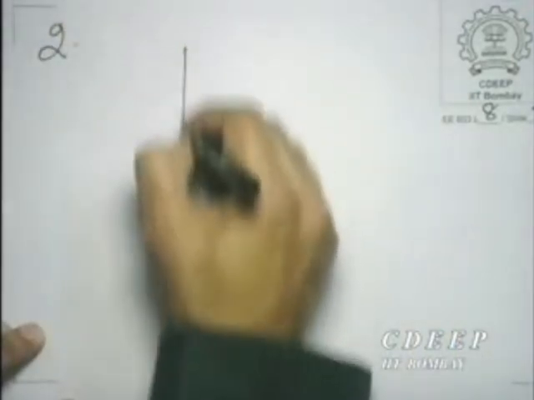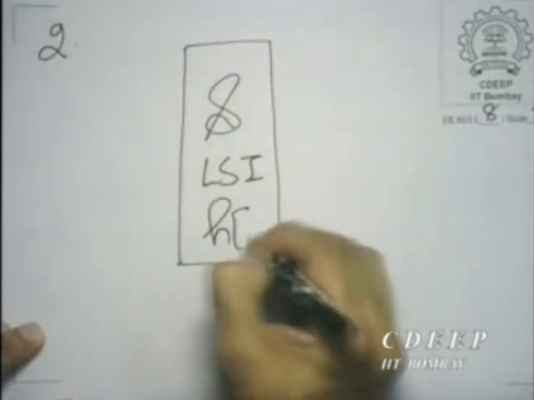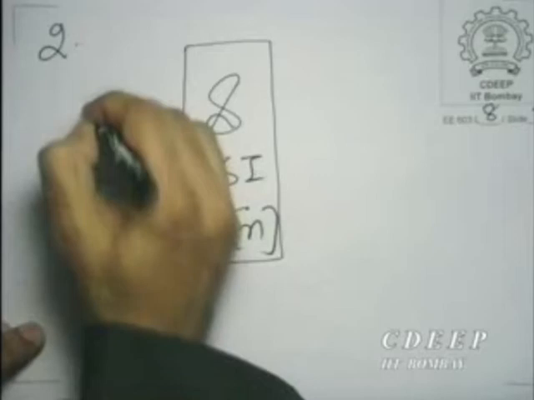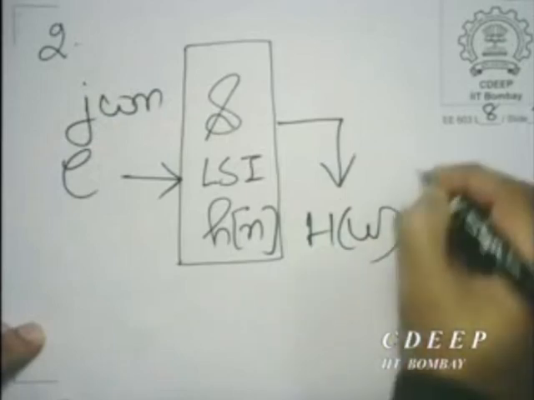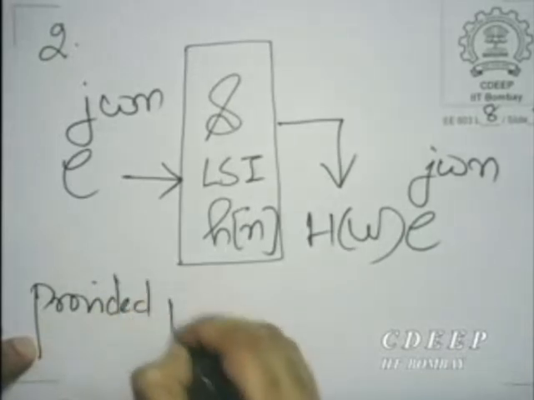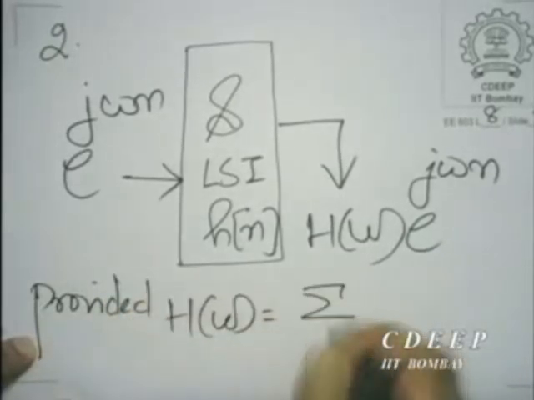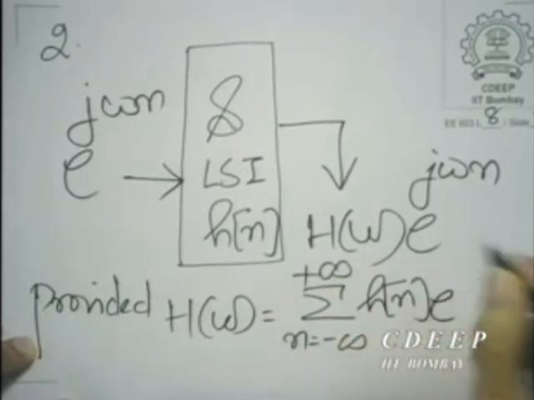So we concluded yesterday, as part of the review, that if we excited a linear shift invariant system of impulse response h[n] with a phasor e raised to the power j omega n, what emerges is H(omega) e raised to the power j omega n, provided H(omega) converges, and H(omega) is given by the summation on all n integer of h[n] e raised to the power minus j omega n.